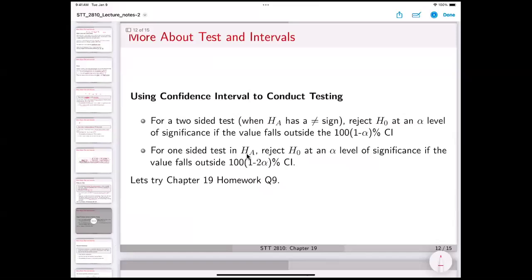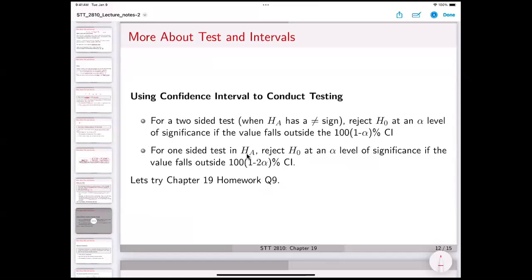The other thing we want to talk about is using confidence interval to conduct hypothesis testing. So this is similar to what we did in chapter 18 homework question 15. So if you are given a confidence interval, all you have to check is whether the proportion is within the confidence interval.